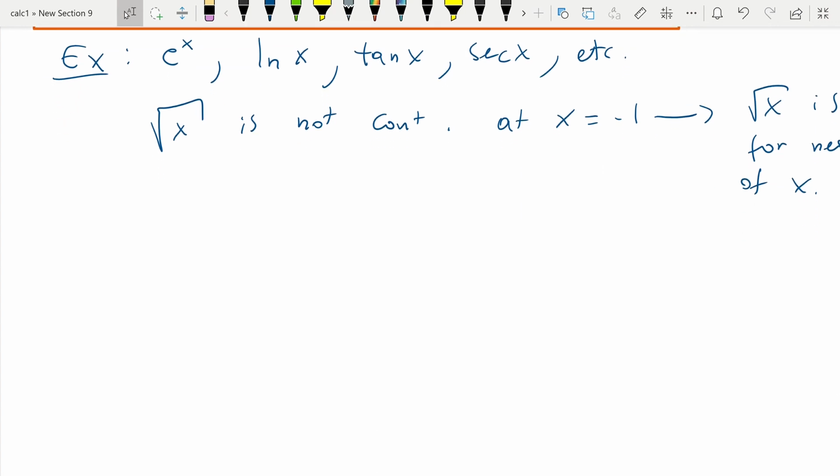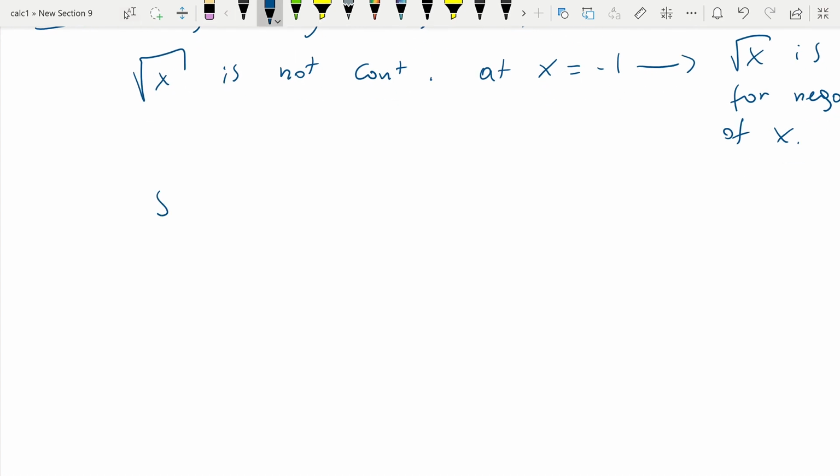So for secant, secant of x is continuous again.